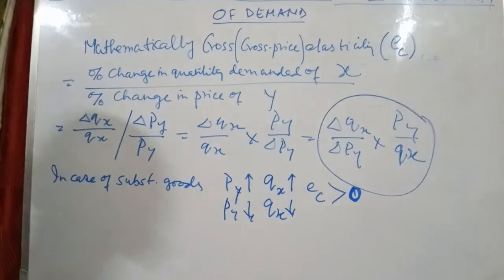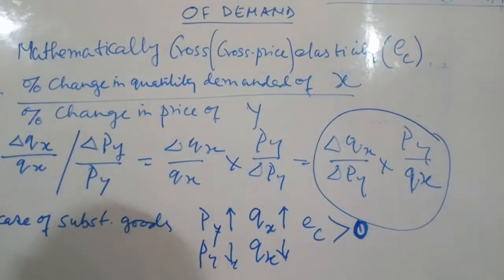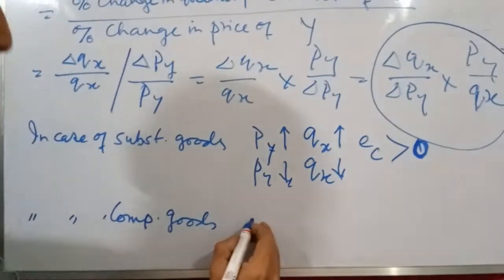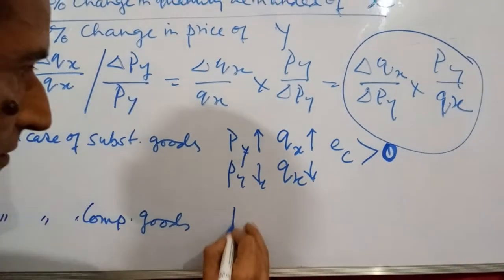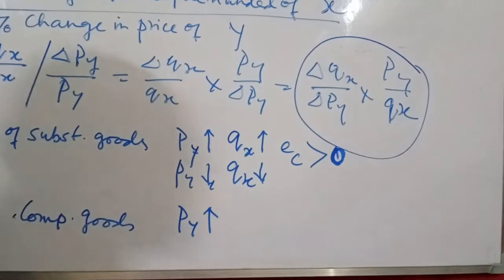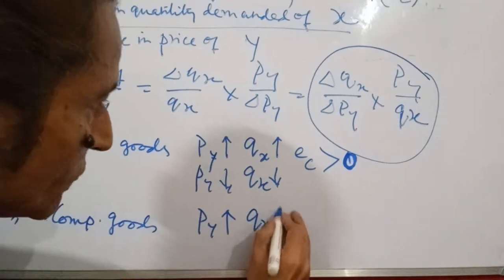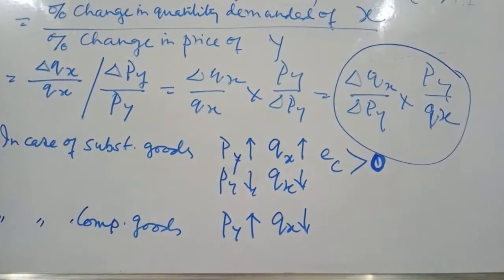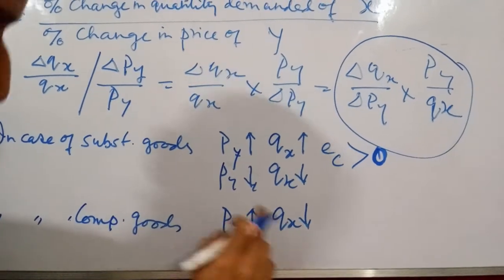And in case of complementary goods, what is happening? If X and Y are not substitutes, they are complementary goods, then if Py increases, price of Y increases, quantity demanded of X will fall. Say Y is petrol, X is car. Price of petrol is increasing, so quantity demanded of car will fall.